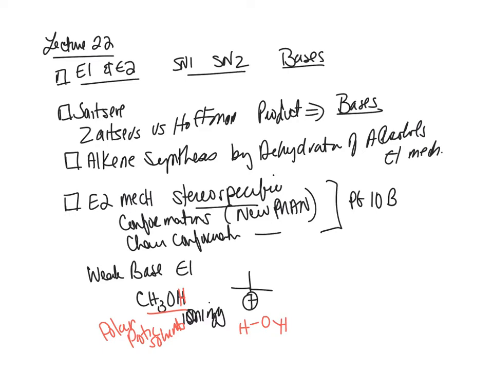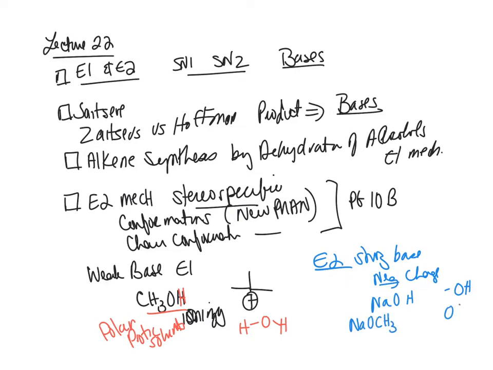E2 is going to be a strong base. And so a strong base would be, I think, of a negative charge. So like sodium hydroxide is a very strong base. That is an OH minus. Sodium alkoxide, something like this. This is essentially the methoxide there.